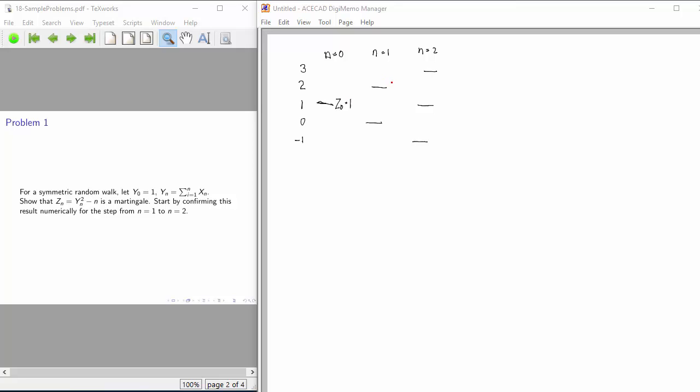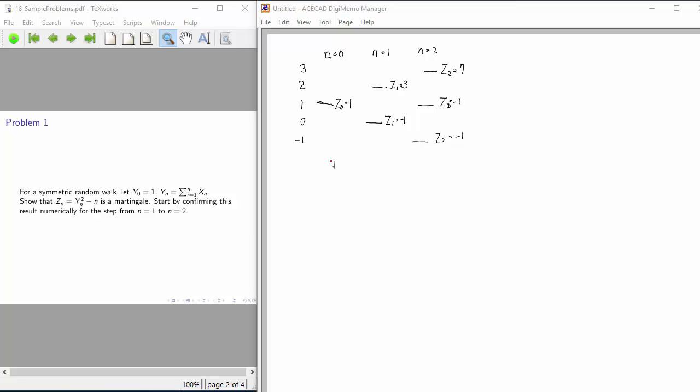Here we have 2 squared minus 1 and 0 squared minus 1. And at n equals 2, we have 3 squared minus 2, or 7, 1 squared minus 2, or -1, and -1 squared minus 2, also -1.